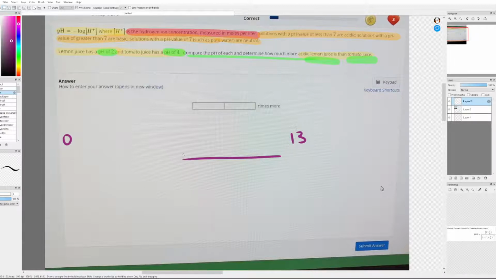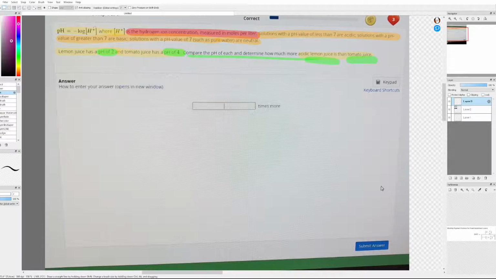When you go to the left, it gets more acidic, and when you go to the right, it gets more basic. We're only worried about going from right to left.